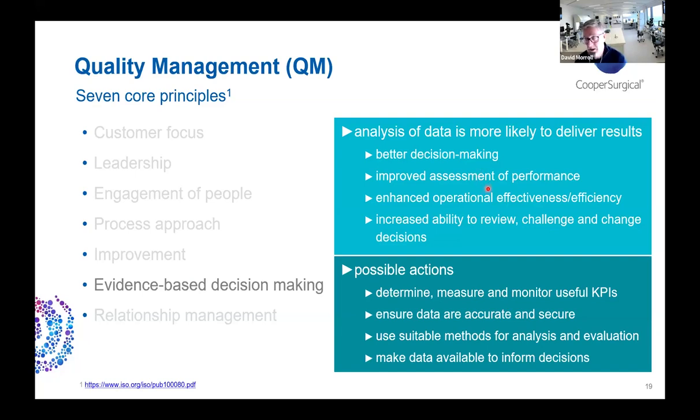And if we make better decisions, we can improve our performance. We improve assessment of performance. And if we assess it well, then we can drive those improvements we've talked about. Now that has add-on effects, that it makes us more effective. However you determine effectiveness, we often think about pregnancy rates, blastocyst formation, and so on.